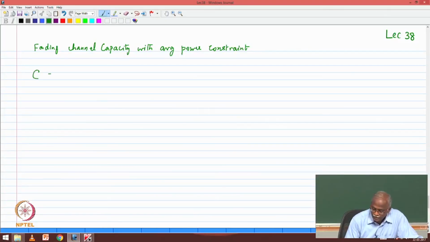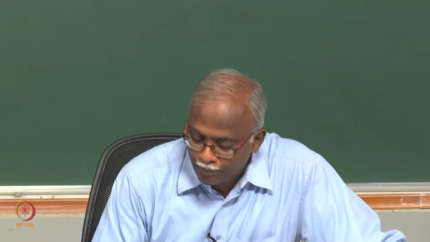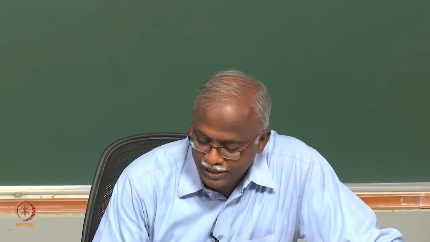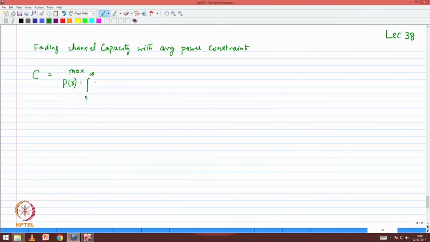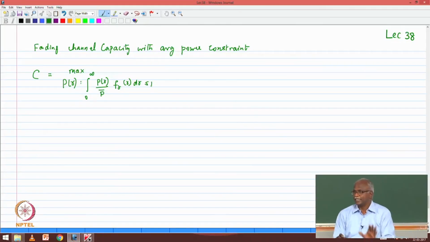The capacity where you are allowed to choose the power allocation such that the capacity is maximized. So, the capacity is maximized over all possible power allocations P of gamma. You are allowed to choose any allocation you want, provided you satisfy the power constraint, the integral from 0 to infinity of P of gamma divided by P bar times f gamma of gamma d gamma is less than or equal to 1. That is the power constraint.